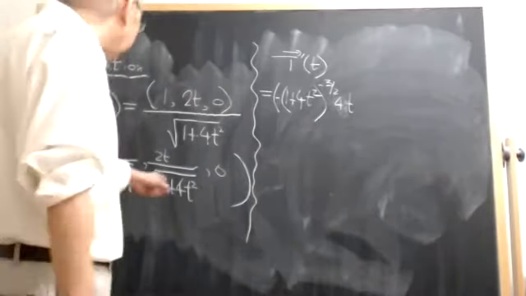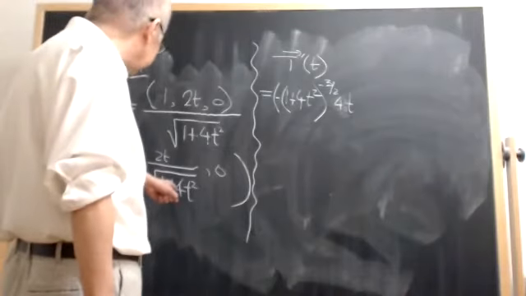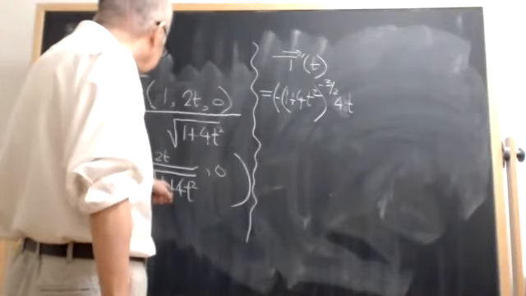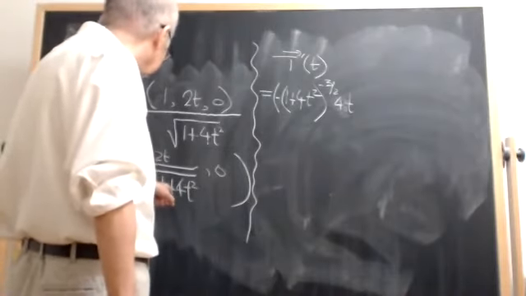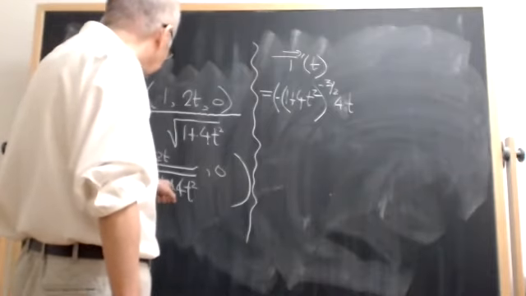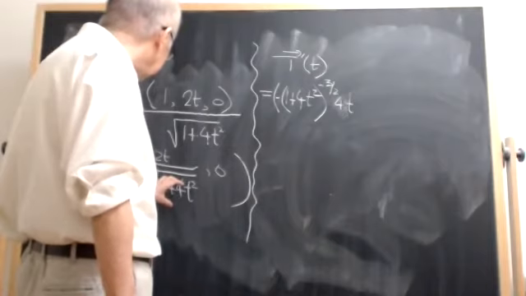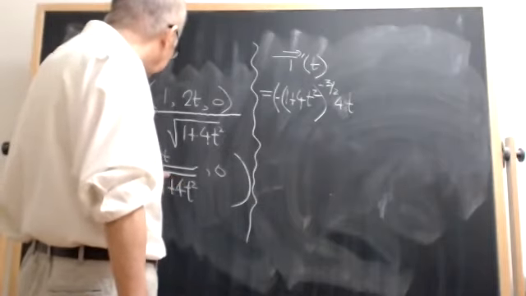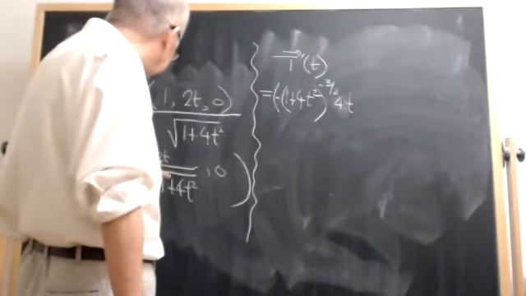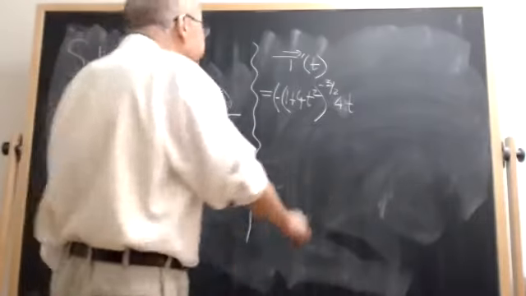Next, I am going to look at this, which is a little bit more tedious. I use the quotient rule. So I take the denominator and then I differentiate the numerator.